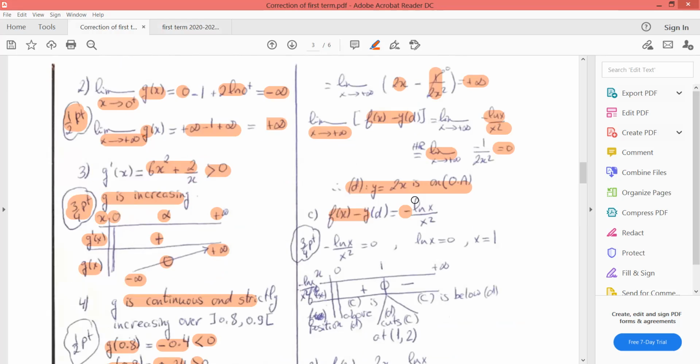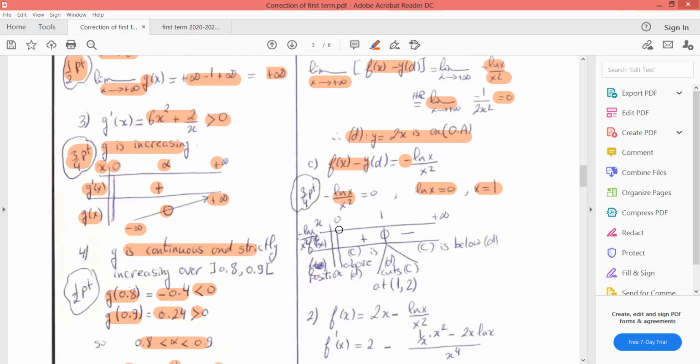This minus doesn't mean that this ratio is negative. Ln x could be positive, could be negative. So x is positive. So we solve minus ln x over x squared equals 0. So ln x equals 0, so x equals 1.